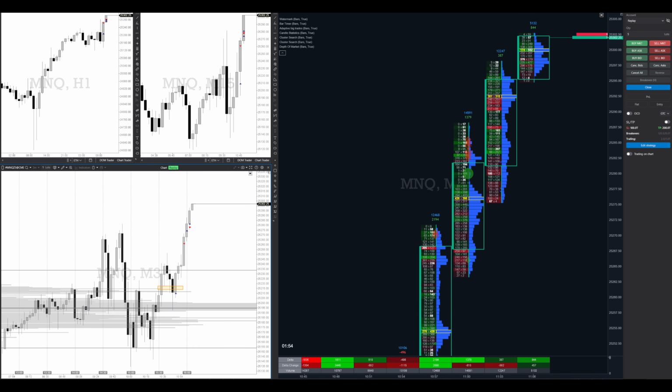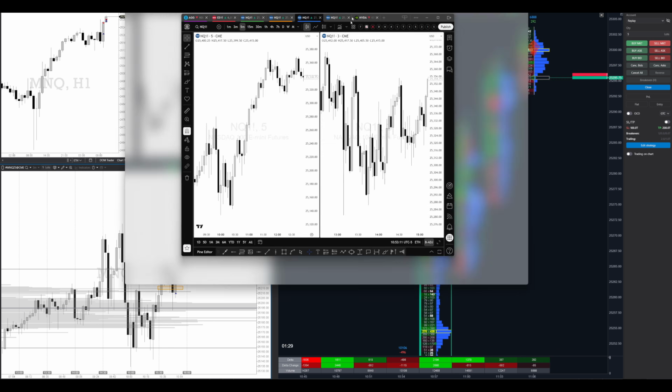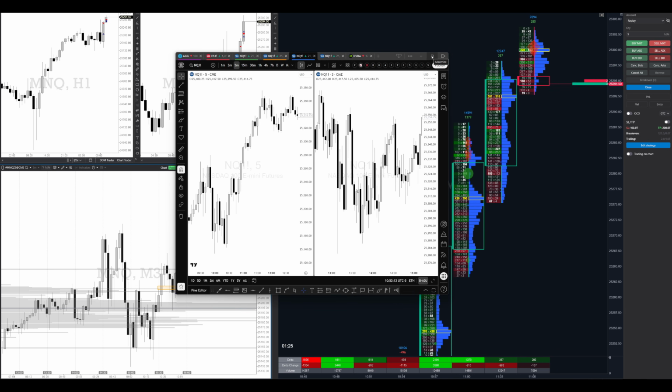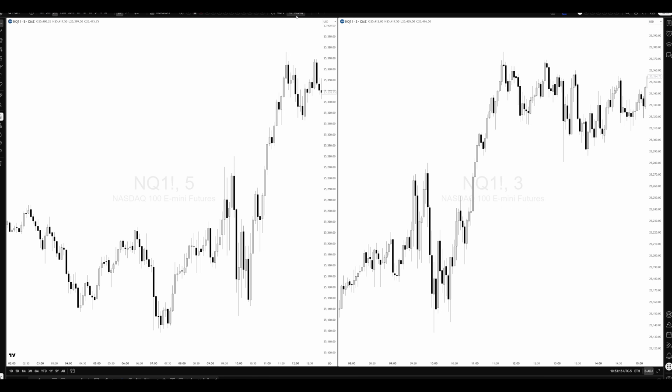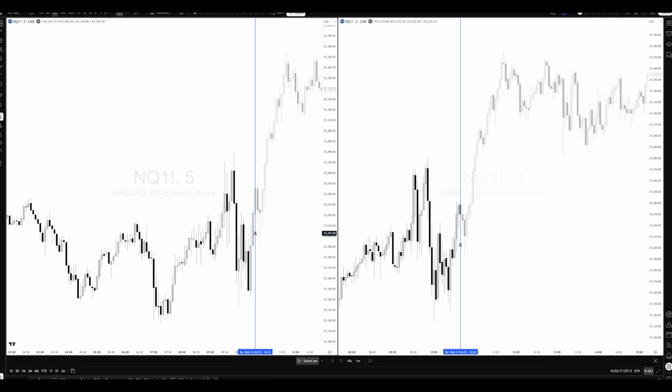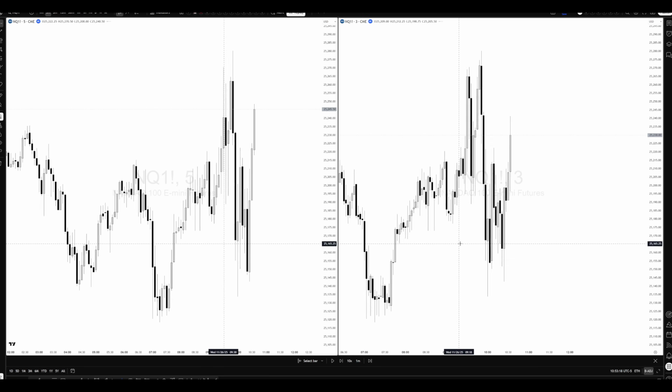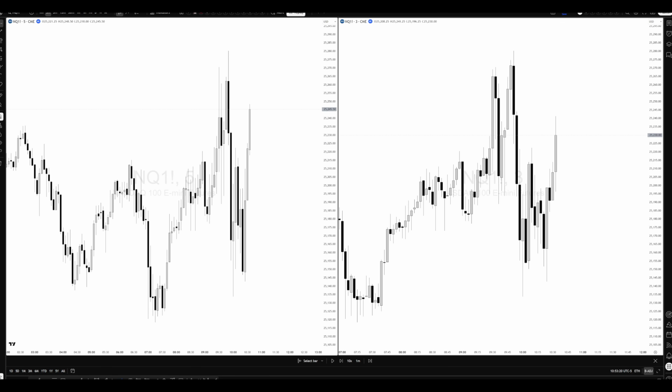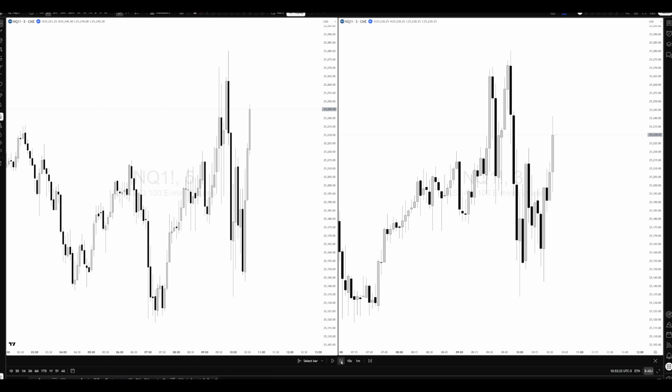Let me just go back. Let me just show you a blank chart here. Bring in Tradingview. I can just show you Tradingview at the same time frame. Okay, let's replay. This was right here. This is basically where we started. Right here in this candle. On Tradingview, enter. Oh, this is 5 minutes.